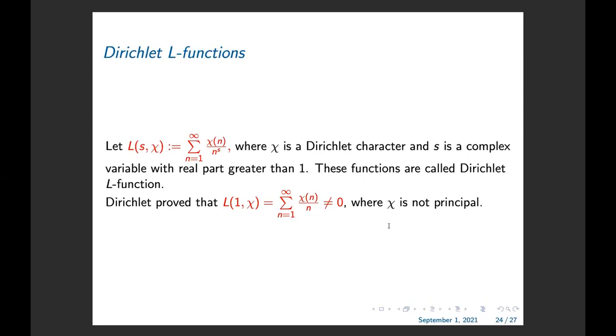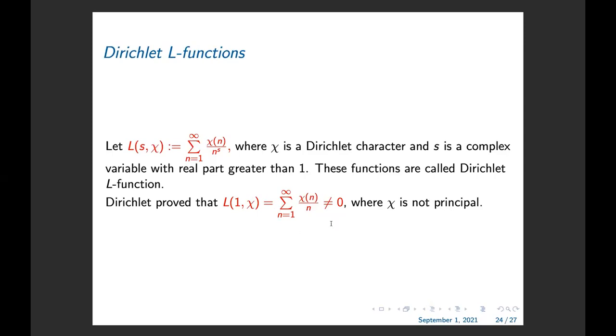If it's not co-prime, then it will take value 0. In fact, the non-vanishing of this Dirichlet function for a non-principal character appears in the proof of Dirichlet's theorem.